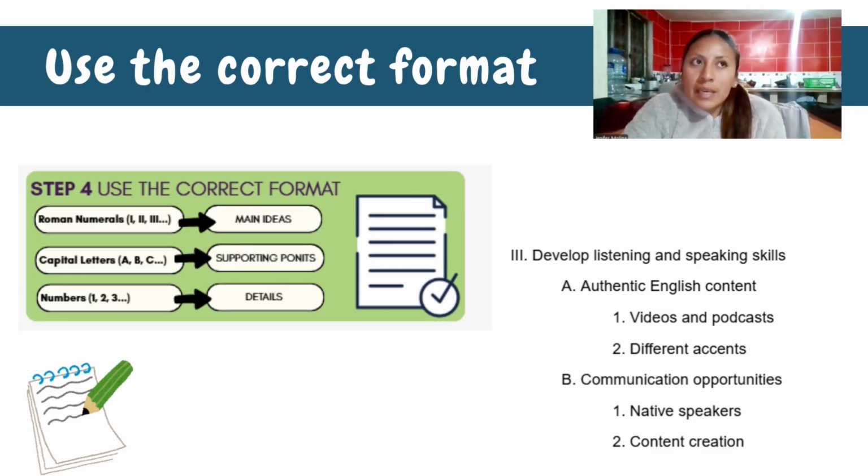As you can see in our outline, every main idea follows the same structure. This organization makes the information easier to read and helps us understand how every supporting point relates to its main idea. Using the correct format also makes the outline more organized and professional, which is very important before starting the essay.